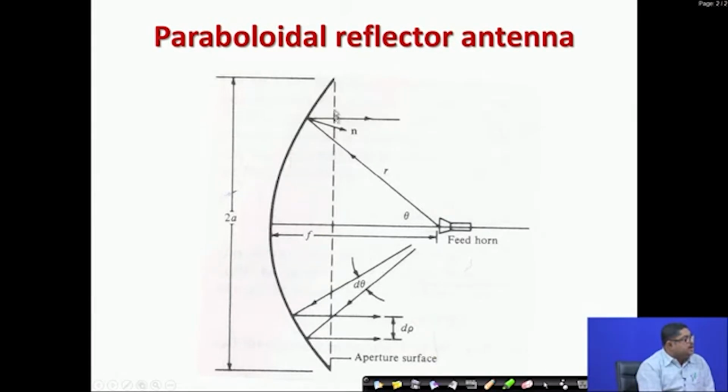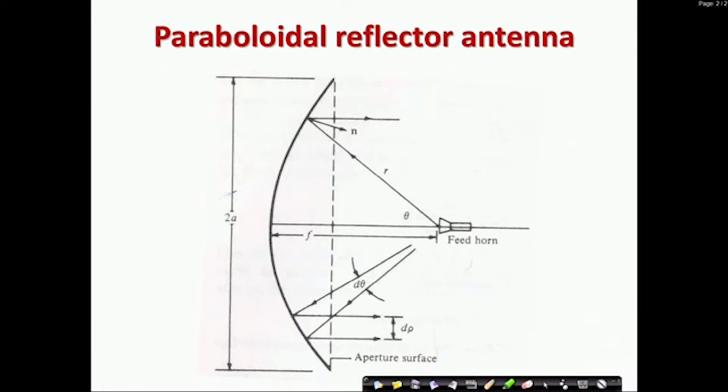So, that can be done. But this is an aperture, so that is why here we work from the field. So, we will take the aperture field method, because it will help us to illustrate what we have derived for planar antennas, etc.